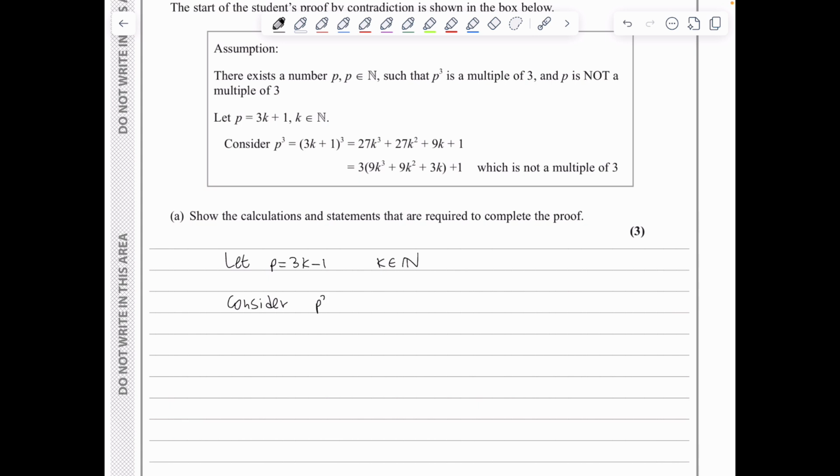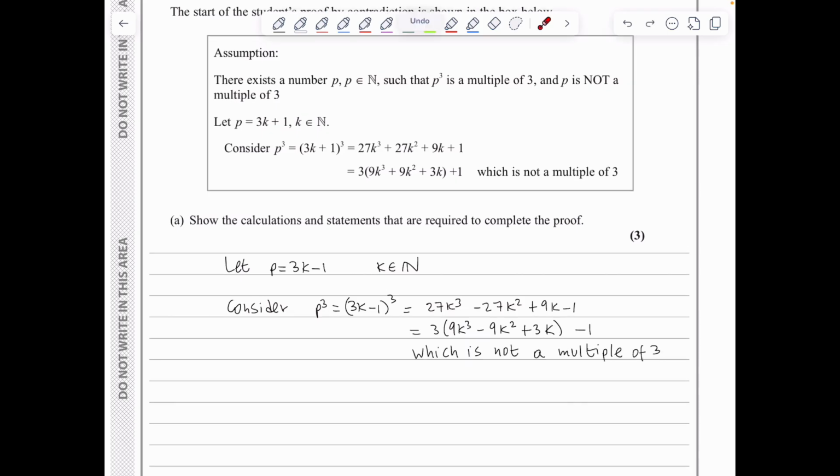So p cubed is equal to 3k minus 1 cubed, which gives 27k cubed minus 27k squared plus 9k minus 1, which leads to 3 times 9k cubed minus 9k squared plus 3k minus 1, which is not a multiple of 3, and therefore we've got a contradiction.